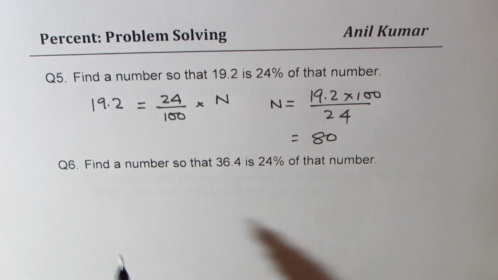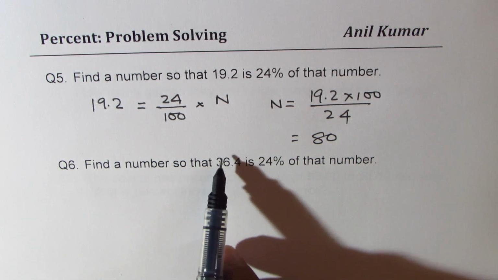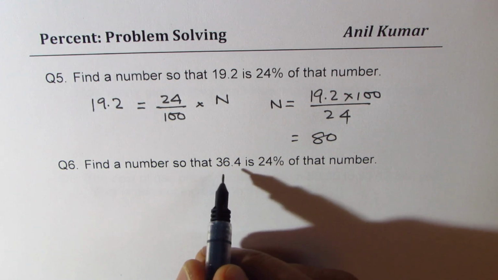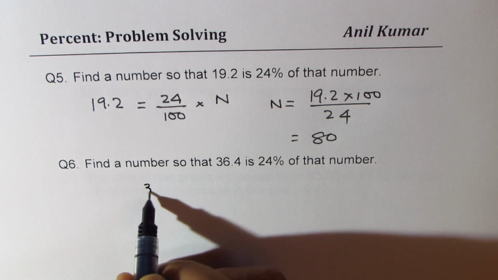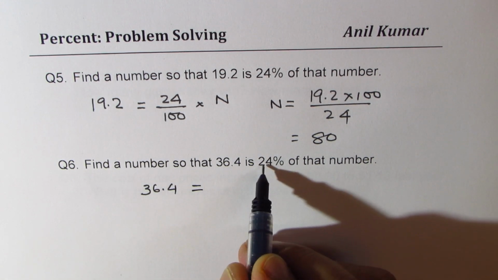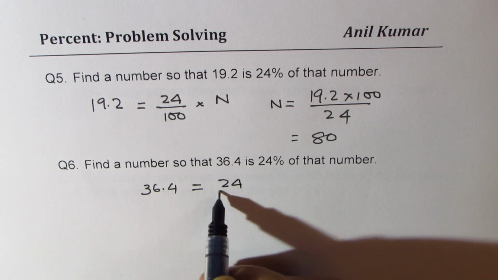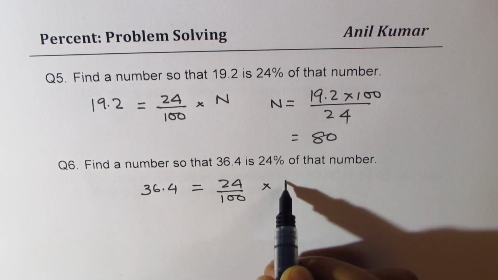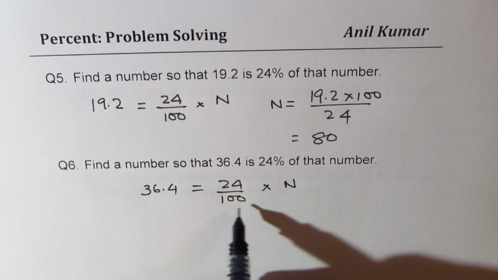Question number 6. Find a number so that 36.4 is 24% of that number. Again do the same thing. So 36.4 is means equal to, 24% means 24 over 100, of means times, that number means n. So now cross multiply.